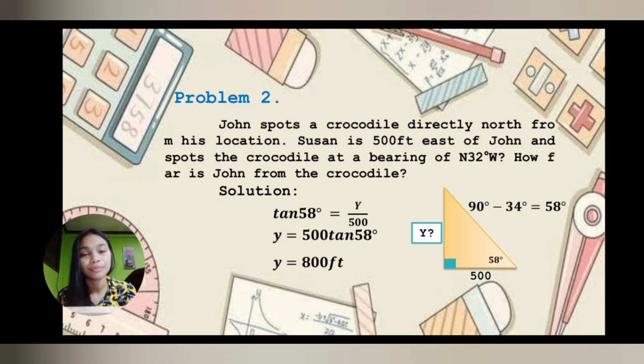So our formula is tangent 58 degrees equals y divided by 50. So y equals 50 tangent 58 degrees. To solve this, we multiply both sides by 50 to cancel the 50. Then 50 times tangent 58 degrees gives us the answer of 80 feet. That is how far John is from the crocodile.